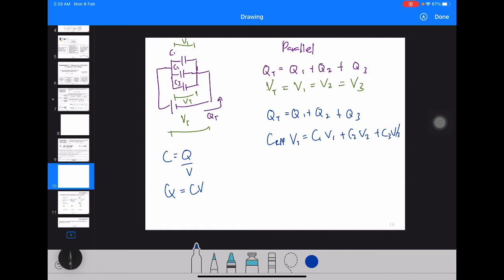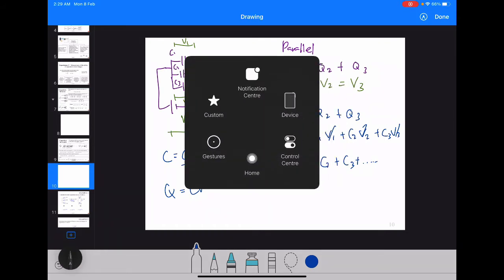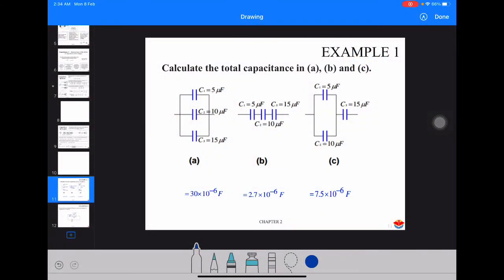And I can cancel out all the V's because the V is the same in this case. So I'm left with C effective equals C1 plus C2 plus C3. If you have more than 3, then you just have to add. So this is how you calculate C effective for parallel.